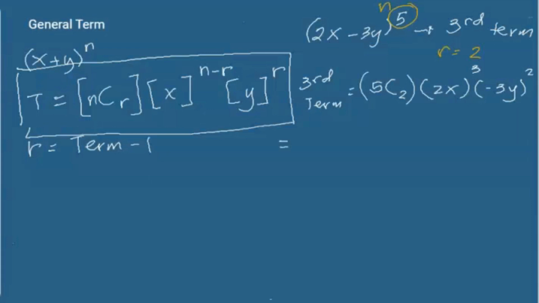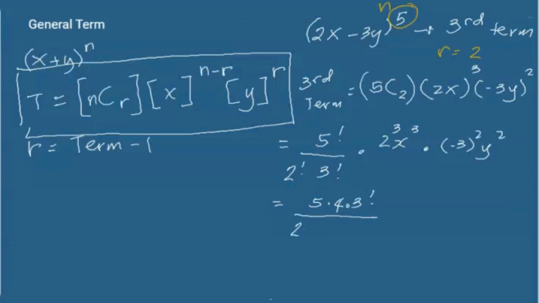Okay, so let's simplify. 5 choose 2 would be 5 factorial over 2 factorial times 5 minus 2, which is 3 factorial, times 2 cubed x cubed times negative 3 squared y squared. So this would be 5 times 4 times 3 factorial over 2 times 1 times 3 factorial.